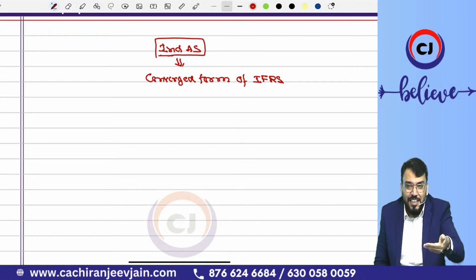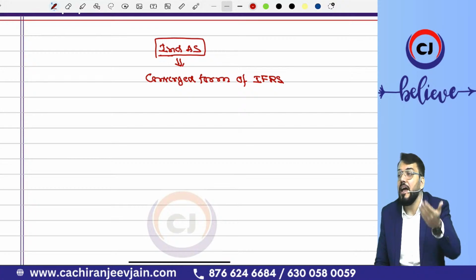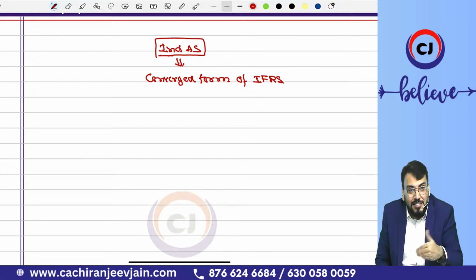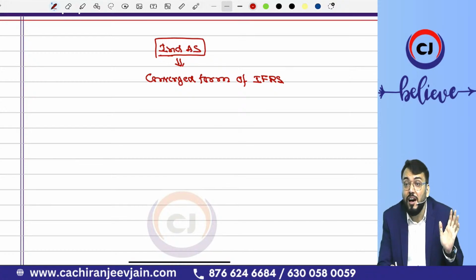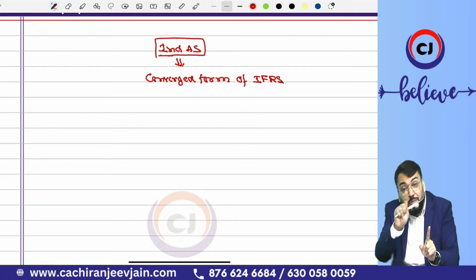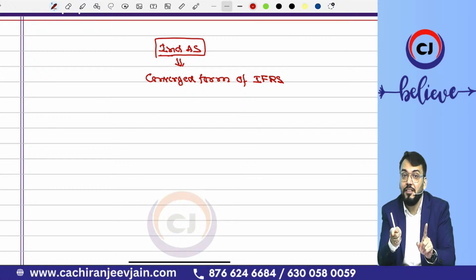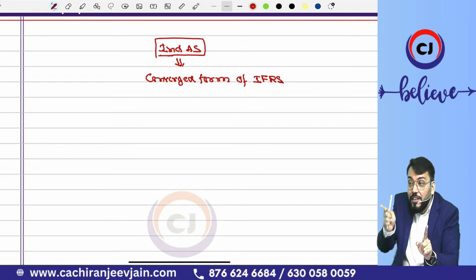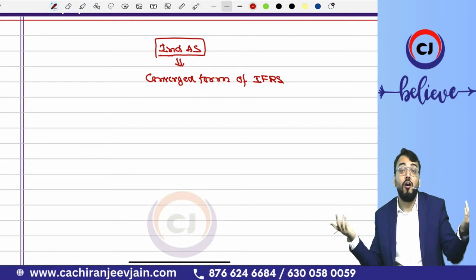Slowly, all the countries started accepting IFRS. India started accepting it from the year 2015, when these rules were formed. But India has not totally adopted IFRS, because India is a superpower country.